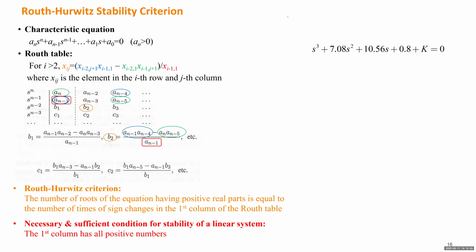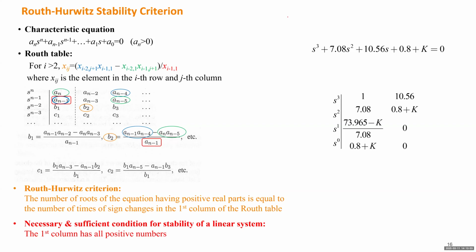K here is something we want to figure out the range for. To calculate the Routh table, this one will be here, and this 7.08 will be under 1, and then this number and this one will be here. The K and the 0.8, because they are both constant values, we just put them together as one number. Then the first item in the third row will be important.